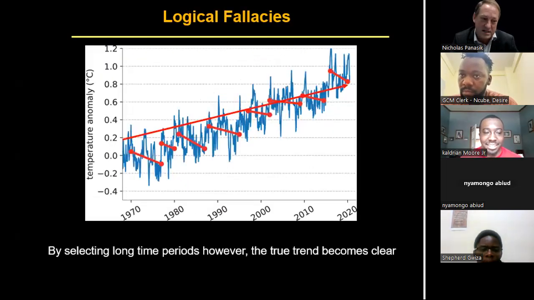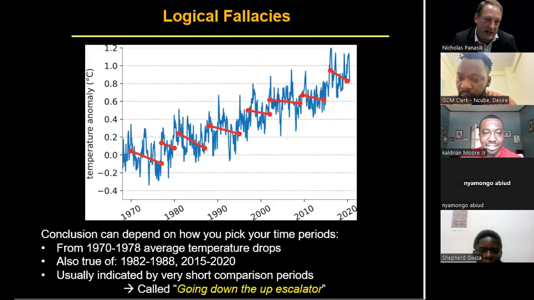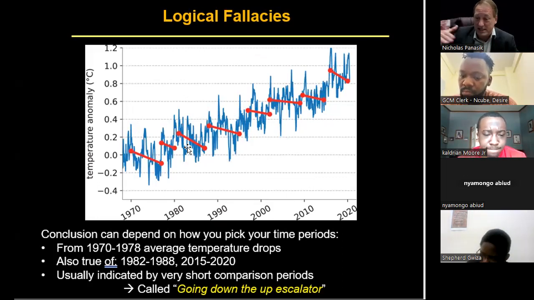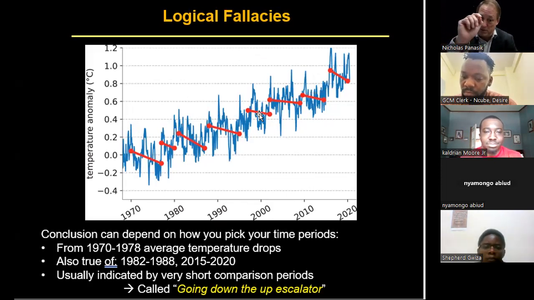A lot of it has to do with how you pick your time periods, right? Often this is called going down the up escalator. So we know the trend is going up, but by judiciously picking your time points, by cherry picking your time points, you can pick a high point and then a low point to make your argument.